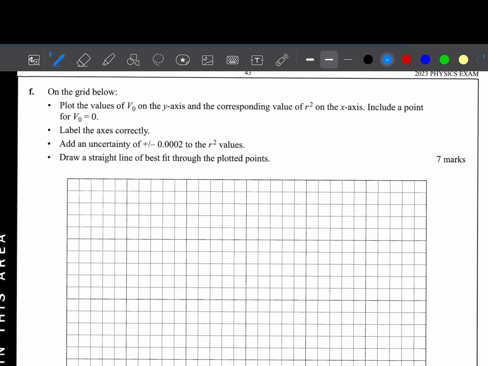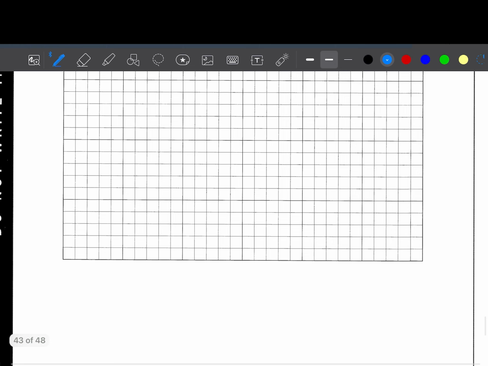Plot the values of V0 on the y-axis corresponding to r squared on the x-axis. Include a point for that. Label the axes correctly. Add uncertainty of plus or minus. Draw a straight line of best fit through the plotted points. So this is going to be our voltage, and this is going to be r squared in meters squared because it's squared.